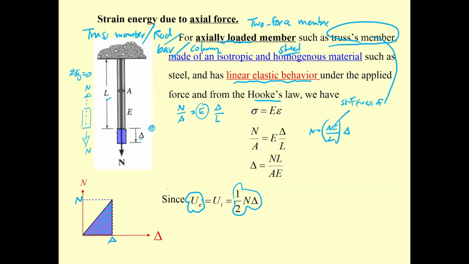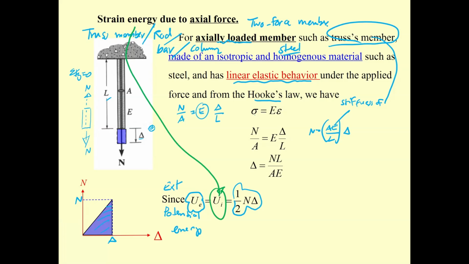And the external potential energy is equal to what? It is equal to this one. Let me take this one, U sub I. This is going to be equal to the strain energy stored in the truss member.